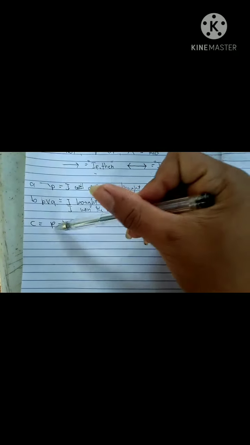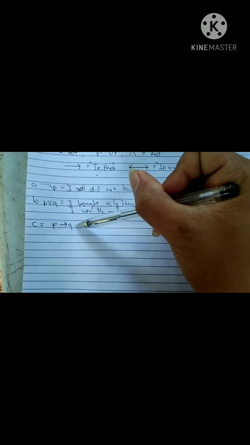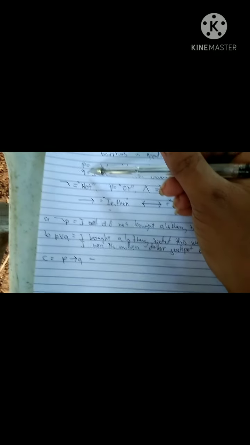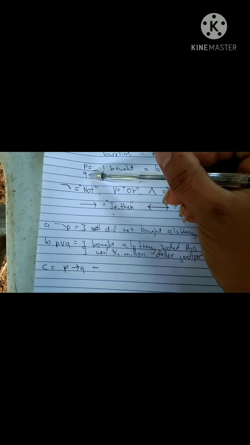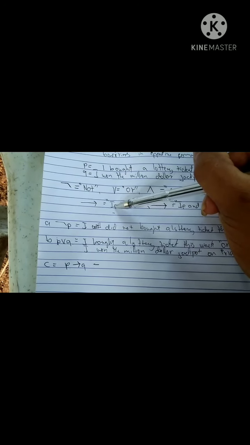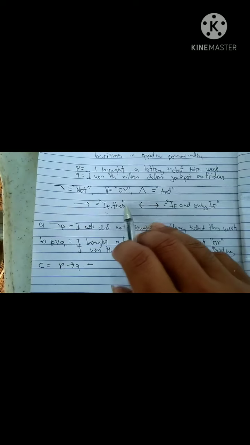Our next logical expression is the implication of P and Q. We need to imply the value of Q from P using the words "if" and "then."